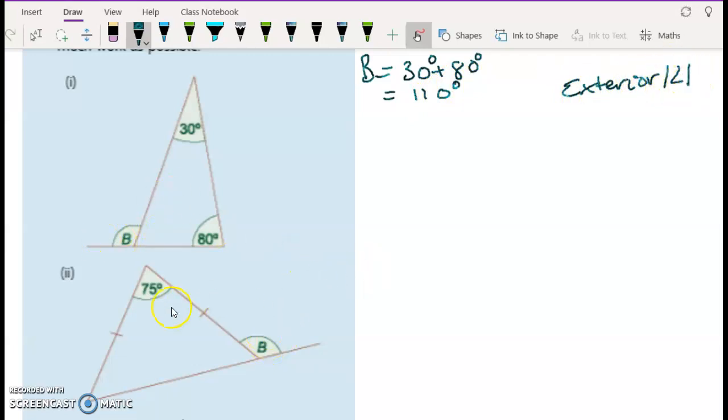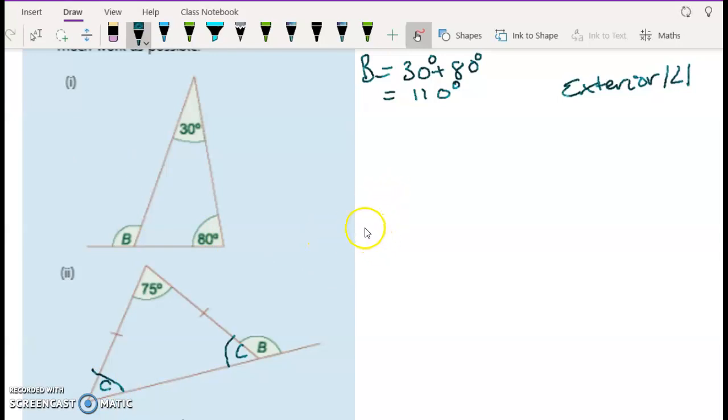Okay, here, same thing. Now, this is an equilateral triangle. Okay, so that means that these two sides are the same and these two angles are the same. I'm going to call that angle C and angle C. Now, how am I going to work out what angle C is?